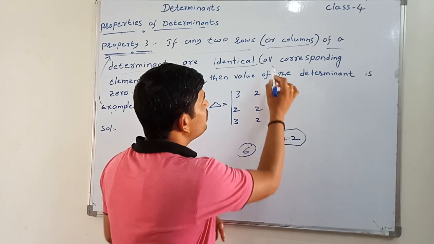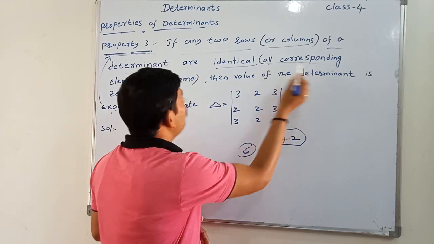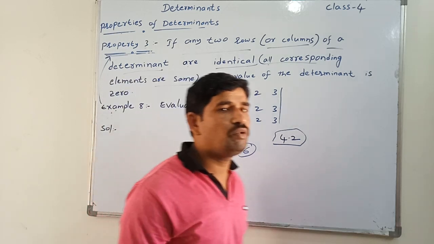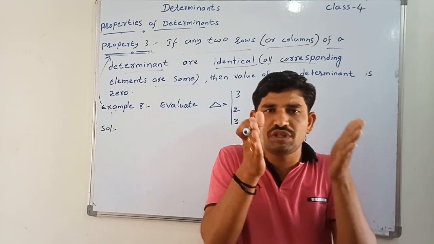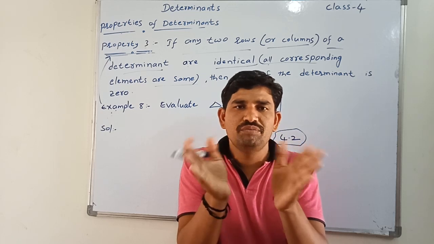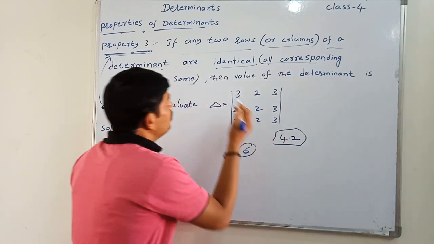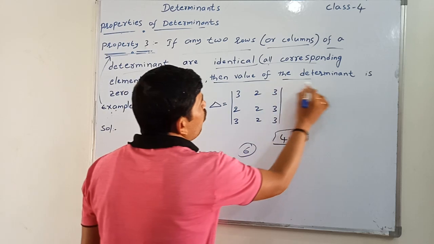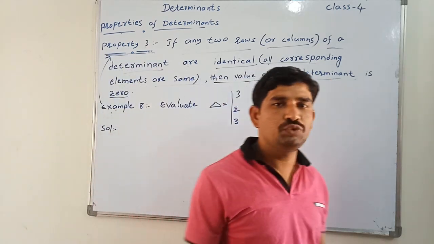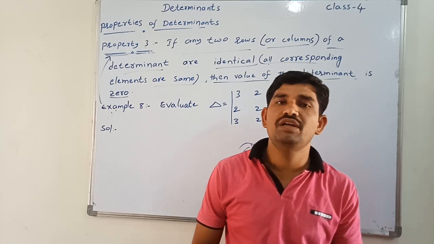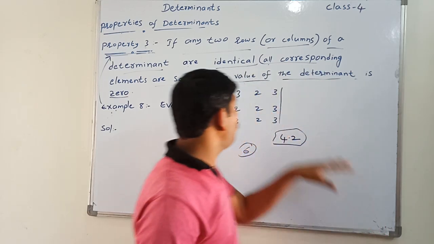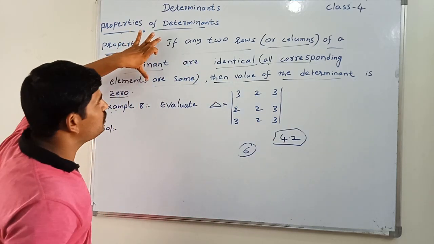Identical means all corresponding elements in both the rows or both the columns are the same. Then the value of the determinant is 0. This is property number 3.